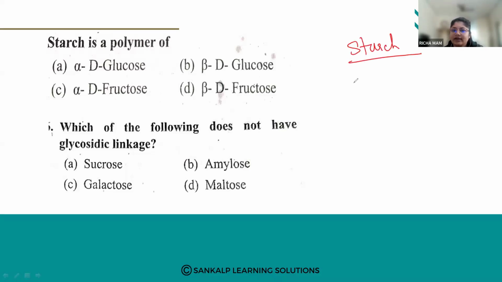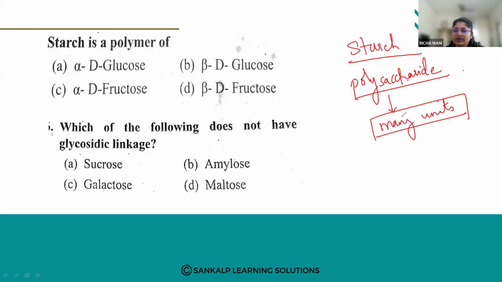Starch is a polysaccharide. Polysaccharide means it is made up of many units. Of which unit? It is made up of glucose units. Many glucose units join together to form starch.